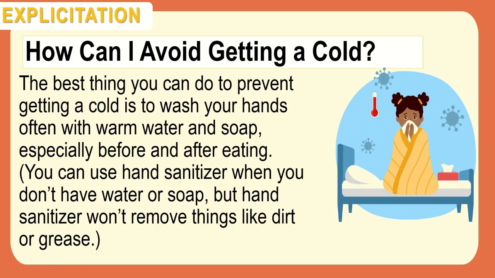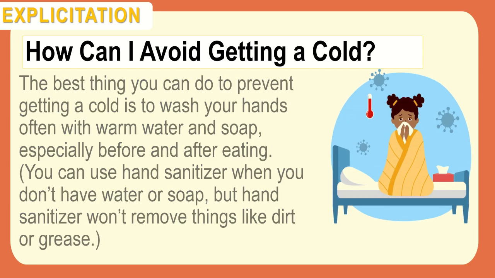How can I avoid getting a cold? The best thing you can do to prevent getting a cold is to wash your hands, often with warm water and soap, especially before and after eating. You can use hand sanitizer when you don't have water or soap, but hand sanitizer won't remove things like dirt or grease.